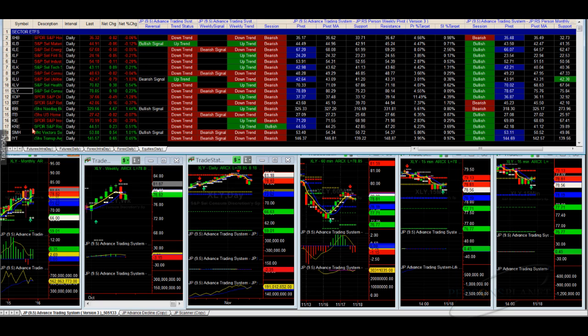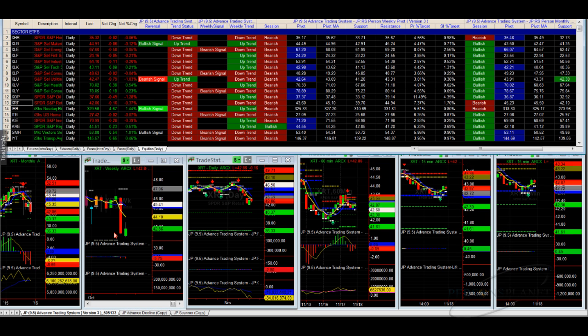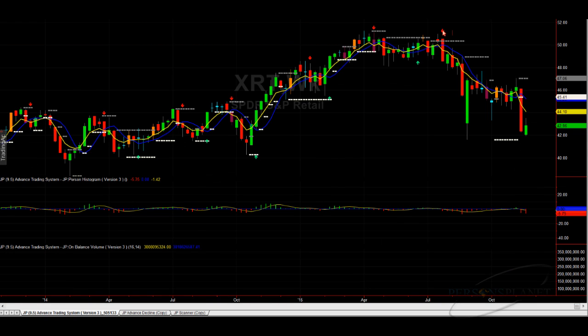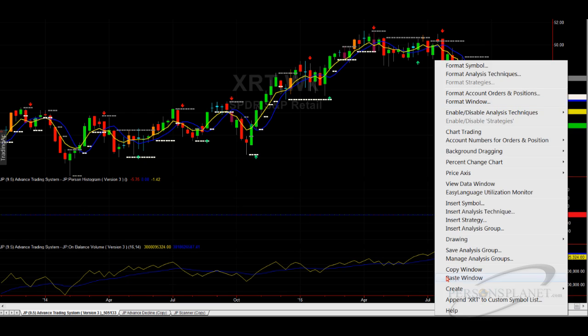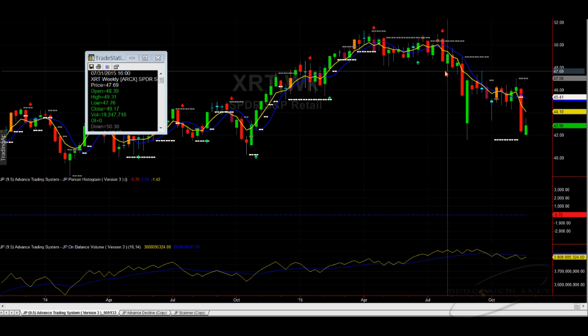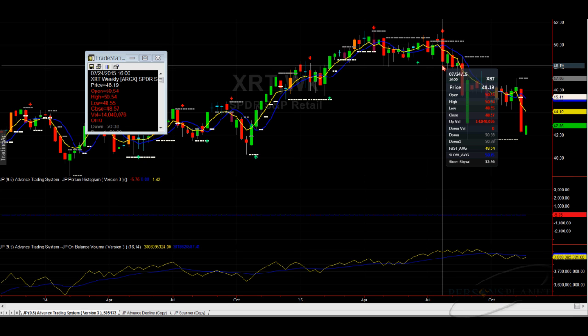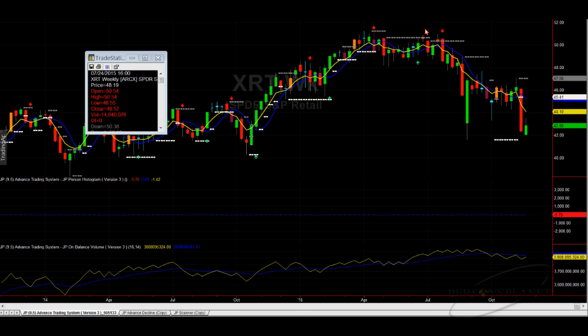Or if I take a look at the XRT, the S&P Retail Select, this thing, folks, has been in a disastrous sell mode since before the August crash. In fact, it's been in a sell mode since July 24th at that twin peak, or what we would also consider the M-top formation.